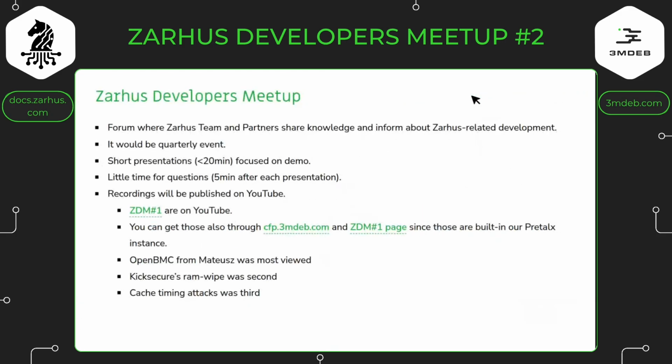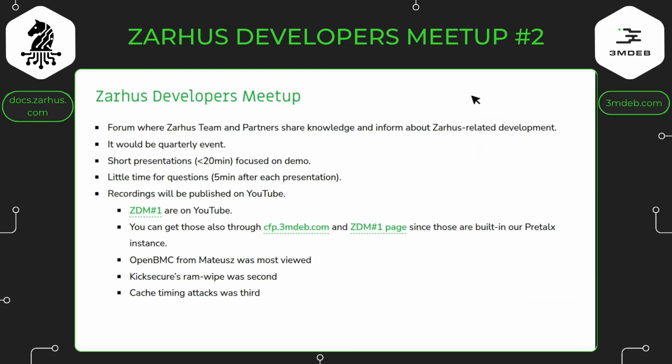Regarding the rules, or theory of operation, for this meetup, this is a forum on which people from the Zarhus team, from the 3M Zarhus team, and partners can share knowledge and inform each other about related development. The event happens every quarter. We typically have presentations which are up to 20 minutes.